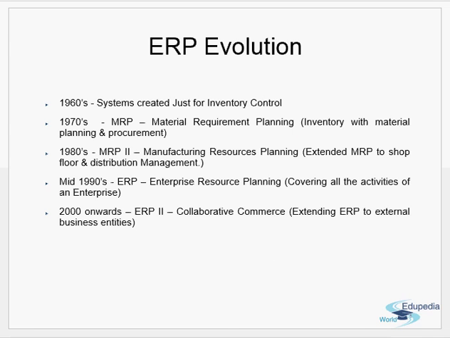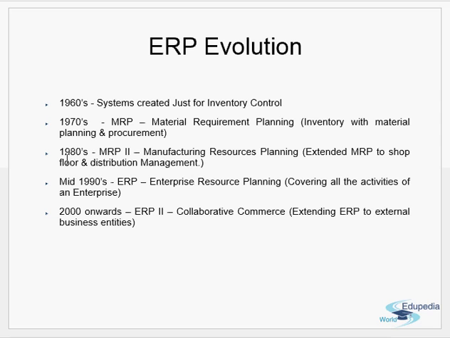The next one is ERP Evolution. In the 1960s, huge systems were created just for inventory control. Software was built only for inventory control. Then in the 1970s, they came up with material requirement planning, that is inventory with material planning and procurement.